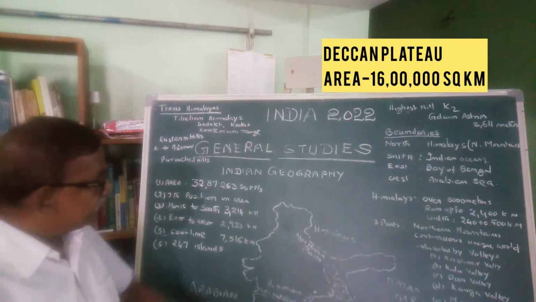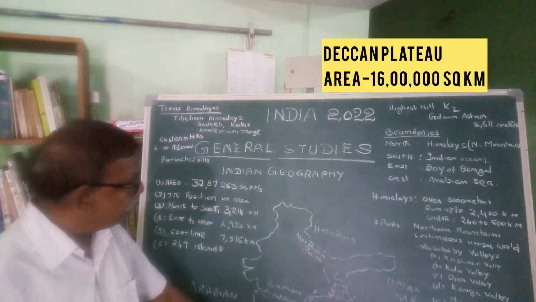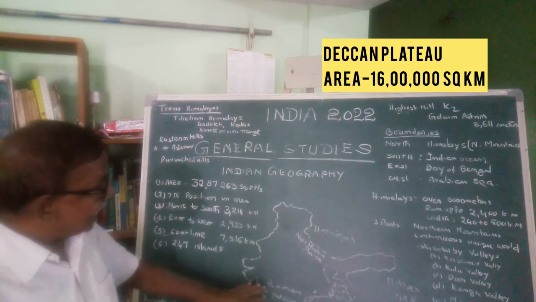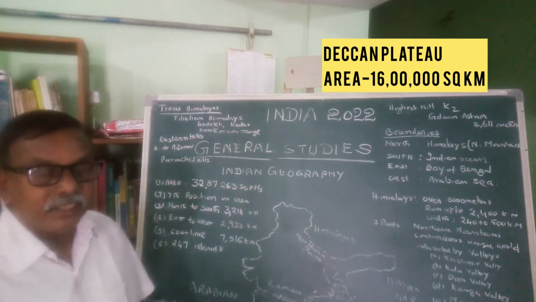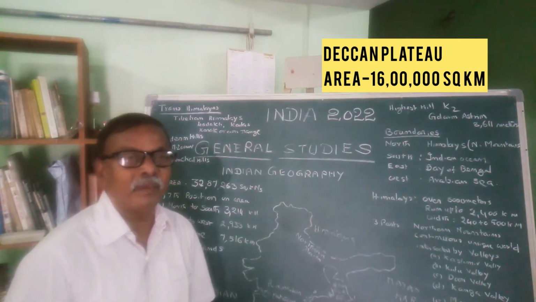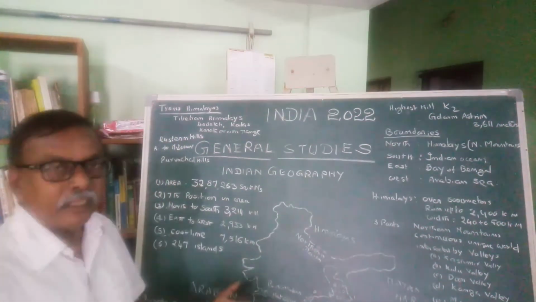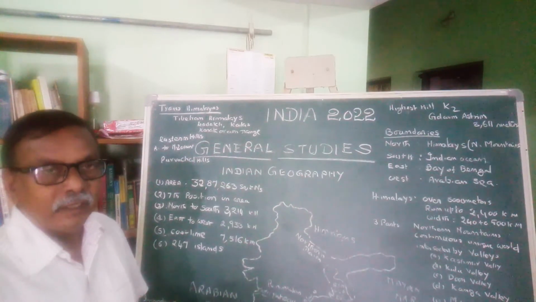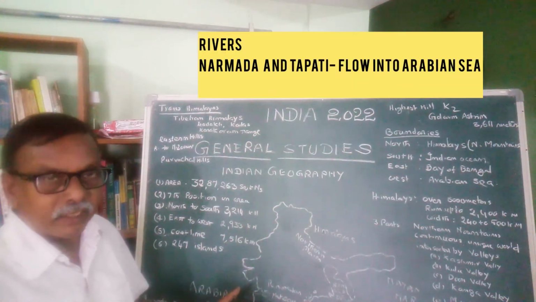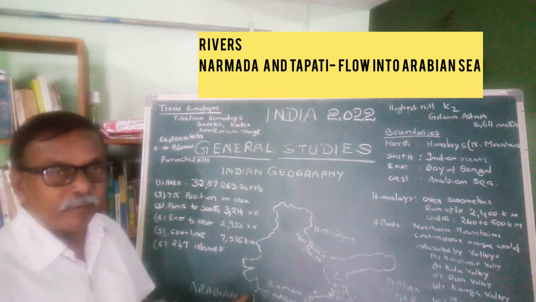The southern region of this peninsular plain is the Deccan Plateau, and it extends about 16 lakh square kilometers. A number of agriculture activities happen there, and a number of minerals and metals are extracted from this area.